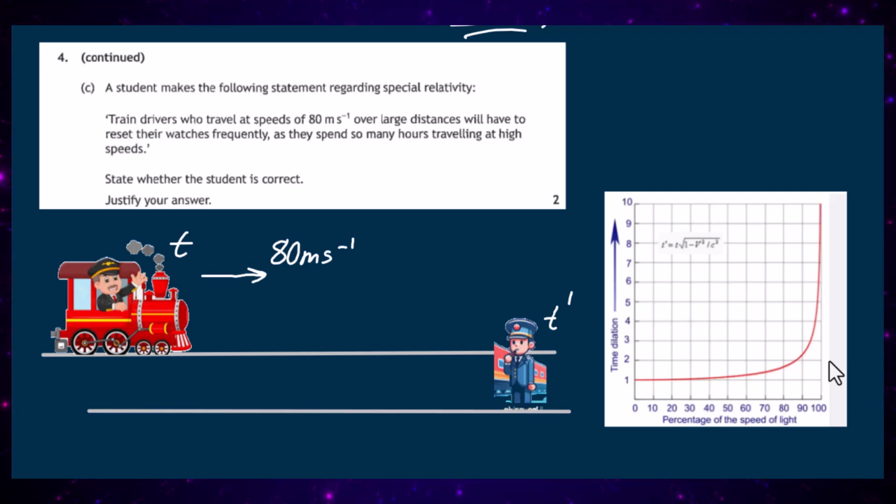So the student is wrong, because at everyday speeds, relativity effects do not come into play. It's only when the speeds become much, much closer to the speed of light that you'll get things like time dilation taking place. So for all intents and purposes, the train driver and inspector measure the same times. So the student is wrong.